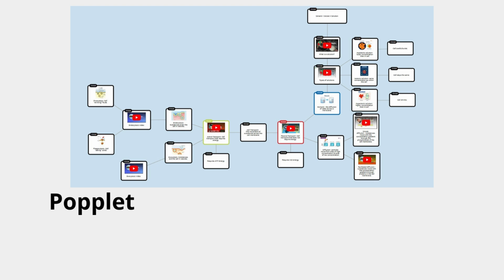I embedded several different videos, pictures, and definitions and words to help the students learn about cell transport. It was very interactive for the students. It wasn't just something that they were listening to me talk and read. They were able to go to Poplet and use this resource on their own to learn about cell transport.